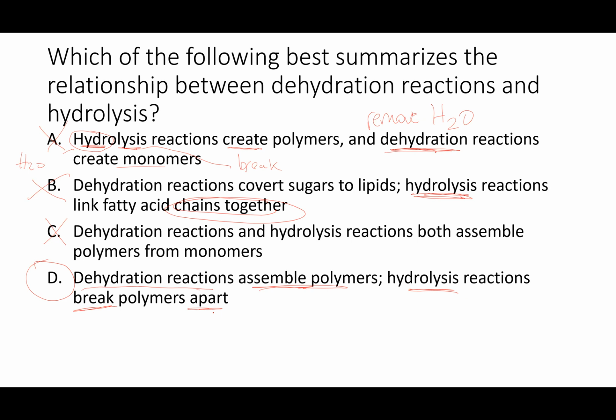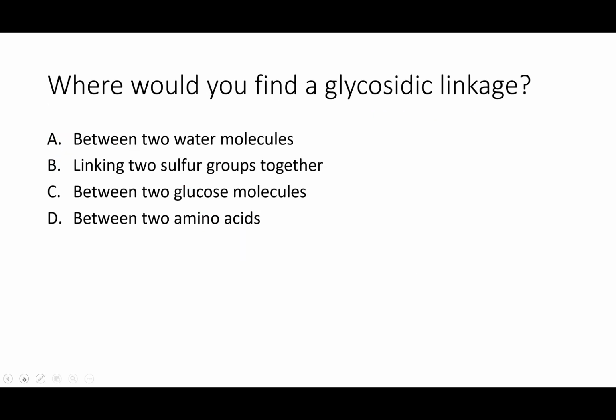Hey, we've got 2 minutes. Where would you find a glycosidic linkage? Which kind of molecule is going to give you a glycosidic linkage? What holds 2 water molecules together?